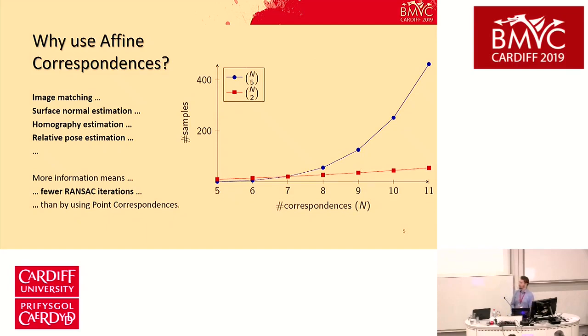If you consider this figure on the right, on the horizontal axis you see the number of correspondences we have, and on the vertical axis the number of iterations that RANSAC would take to perform the estimation. So if you take only 2 samples in each iteration, you will need way fewer iterations for RANSAC to perform the estimation. That's the red curve there.